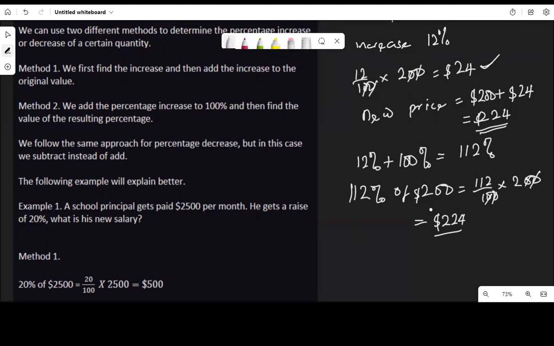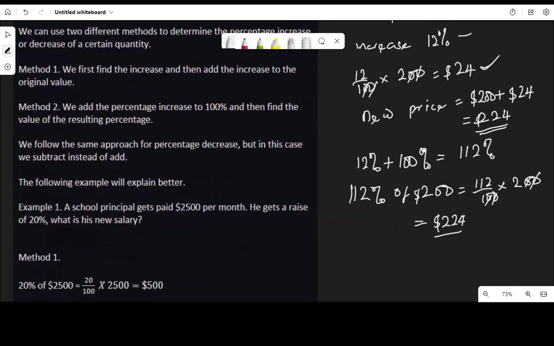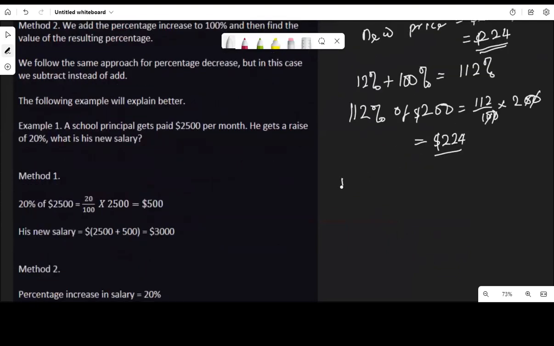Percentage decrease follows the same pattern. So let's use the same method. Instead of increase, let's assume this 12% is a decrease. One way to calculate this, we'll first calculate 12% of 200, which gave us $24.